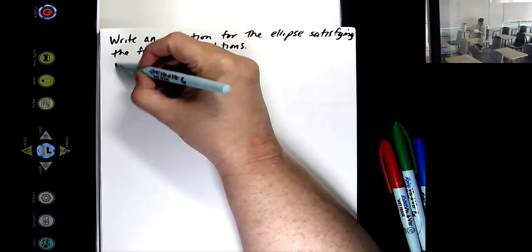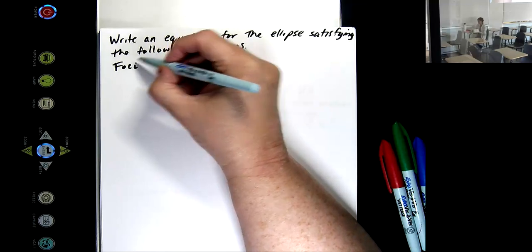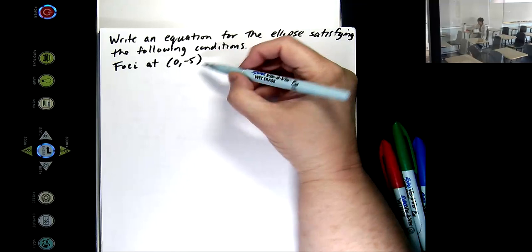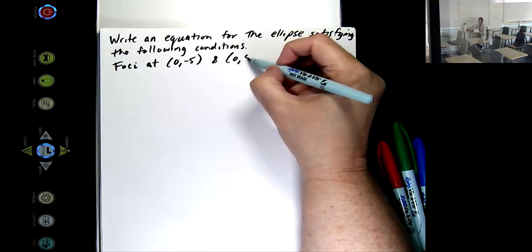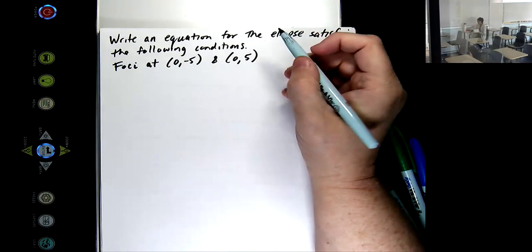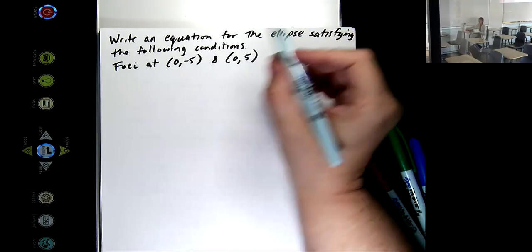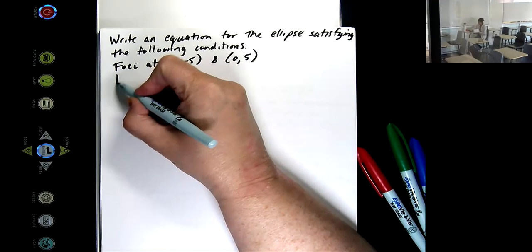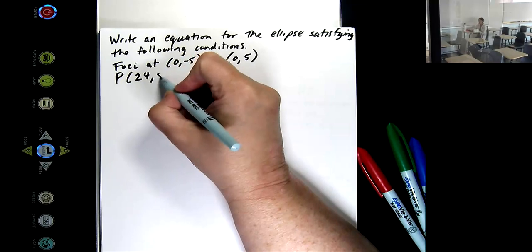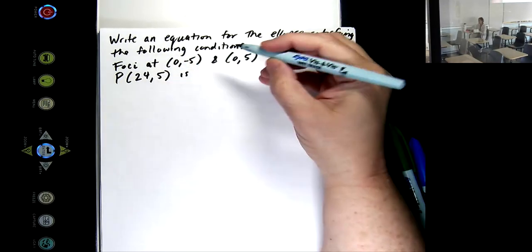We have foci at (0, -5) and (0, 5). And the point (24, 5) is on the ellipse.